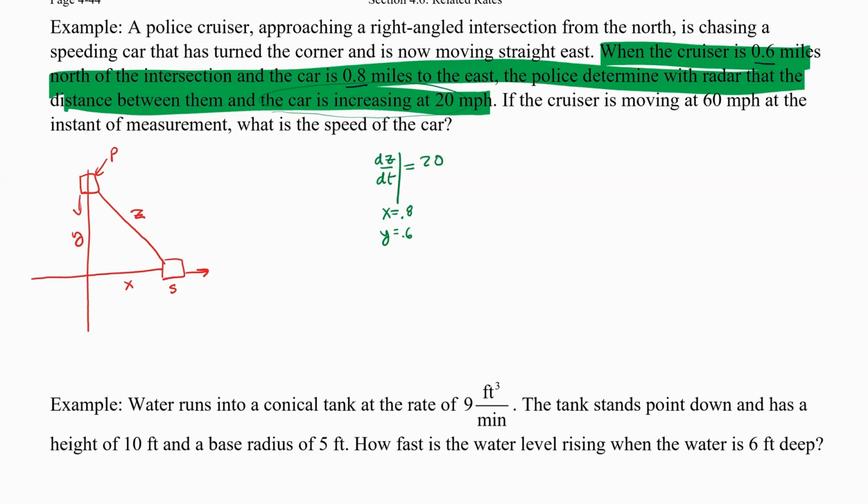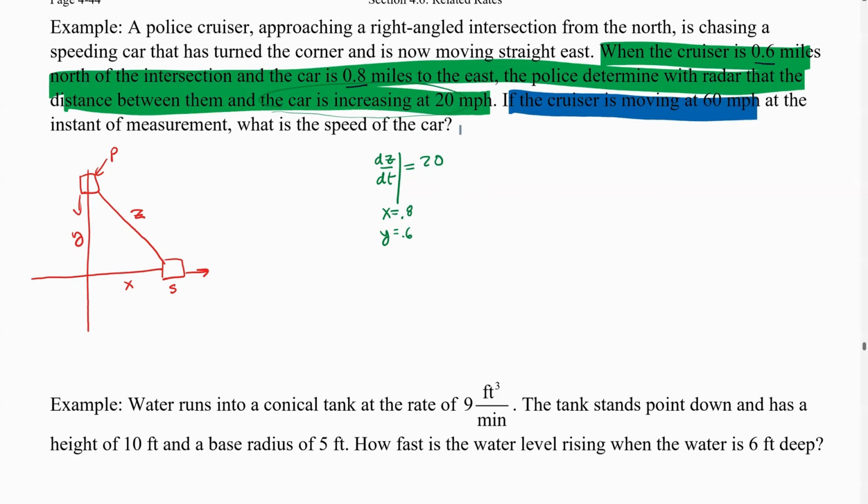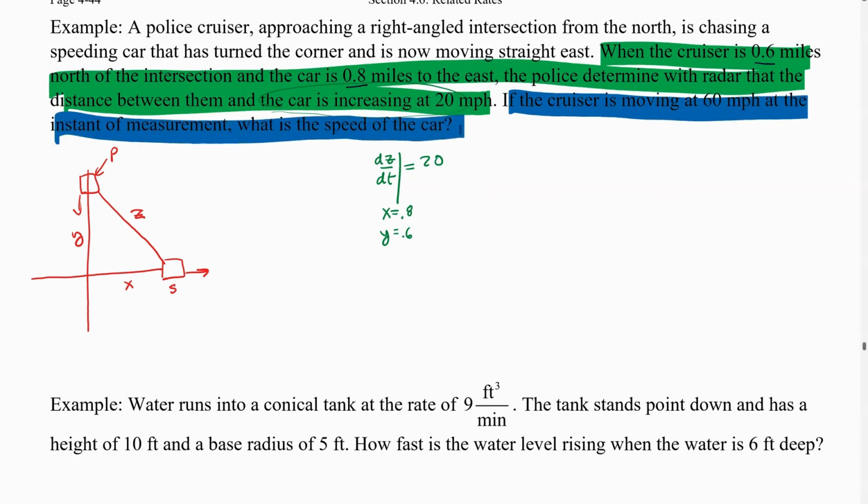If the cruiser is moving at 60 miles an hour, what's the speed of the car? Okay. Well, let's write down what's being asked of us in that statement. See if we can convert that. What is dx dt when x is 0.8, y is 0.6? That's what's being asked.